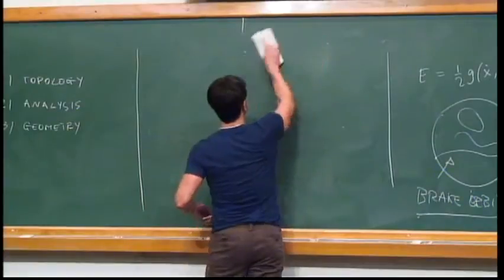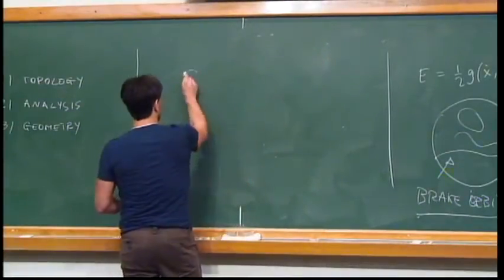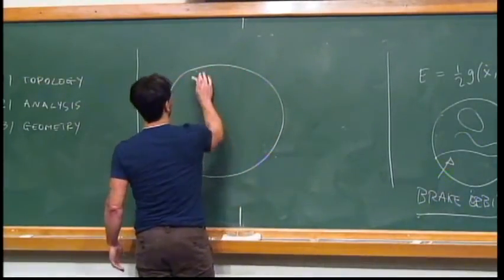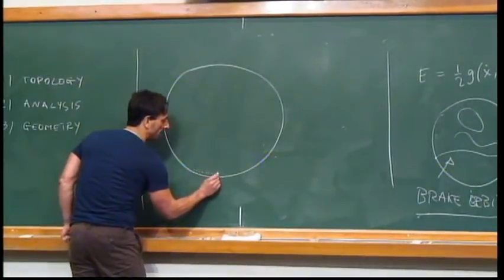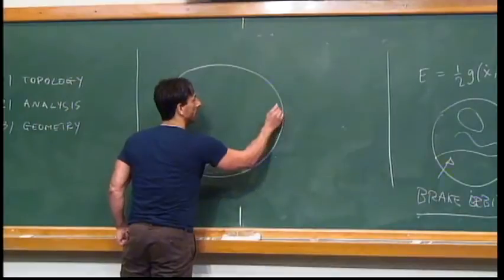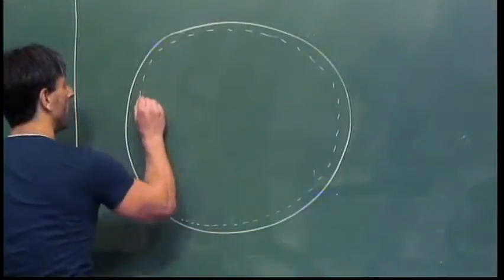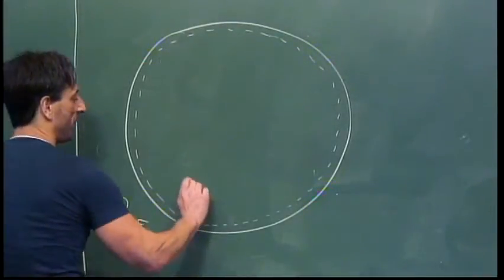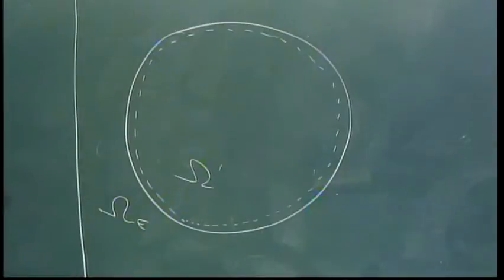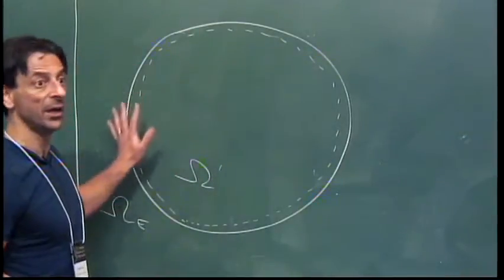you can do the following trick. This is the singular boundary. You can remove a small neighborhood of the boundary. Omega E is the large one, and inside you have a smaller domain, omega prime, which is still homeomorphic to a ball. It has smooth boundary.